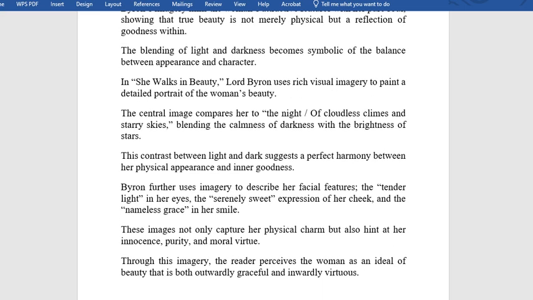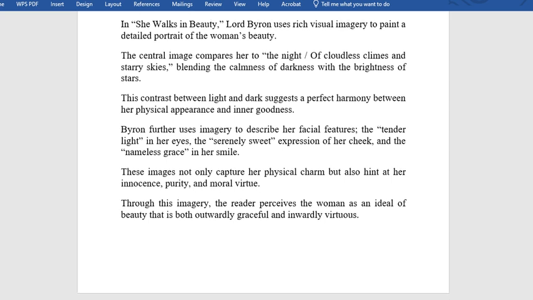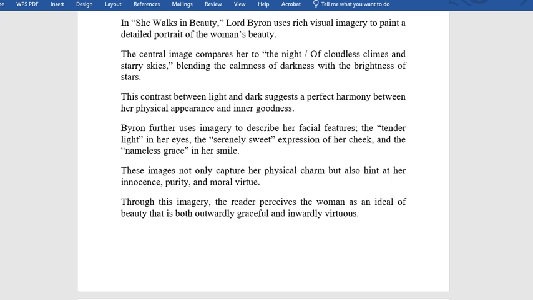In She Walks in Beauty, Lord Byron uses rich visual imagery to paint a detailed portrait of the woman's beauty. The central image compares her to, quoted from the poem, "the night of cloudless climes and starry skies," blending the calmness of darkness with the brightness of stars.